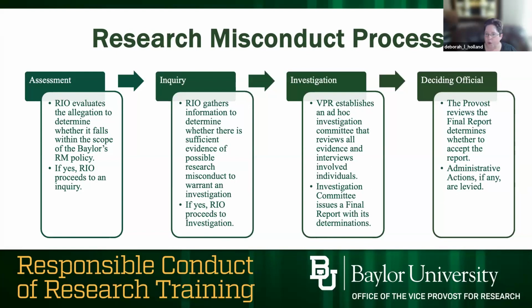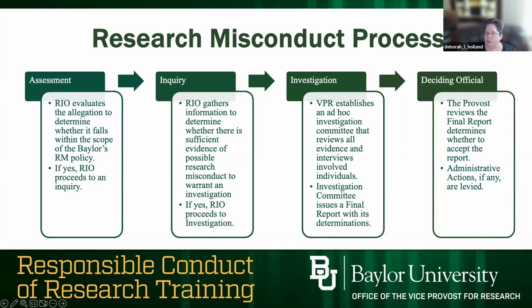The final report with its determinations and also any recommended administrative actions then goes to the deciding official. And it's the deciding official that will review the final report and make the determination of whether to accept the report. If they accept the report, that means that they're concurring with the committee, research misconduct did occur, and then any administrative actions at that point will be levied.